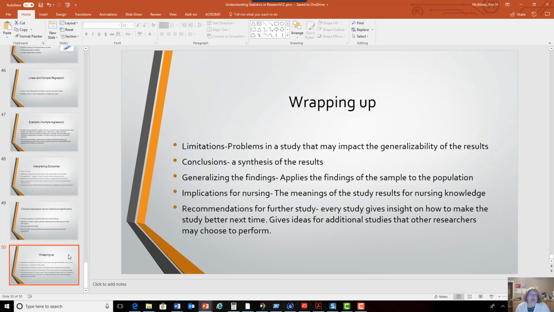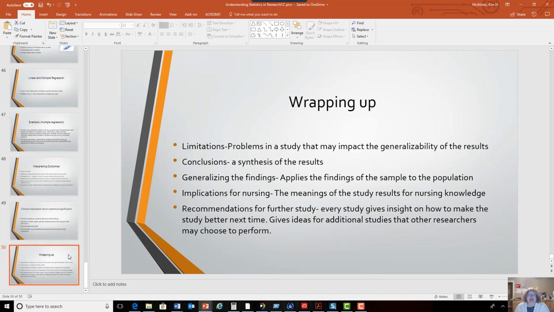There will always be limitations in any study. Your conclusion in your study is a synthesis of your results. So you're going to talk about what the results were and put all of that together into what it means for practice and what additional research needs to be done.